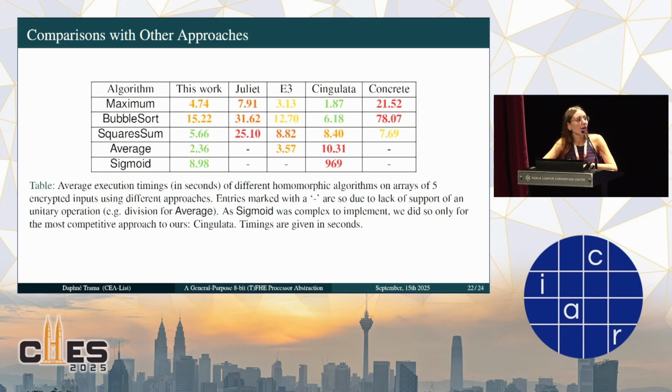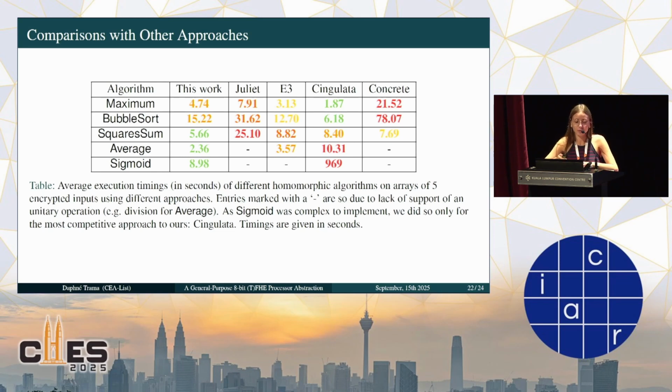You can see that for algorithms with a small Boolean circuit that, let's say, only use comparison, such as maximum or bubble sort, our approach is not the most efficient, but I would like to say that it's also not the worst. But as soon as the corresponding Boolean circuit grows a bit, that is to say, as soon as there is a multiplication or a more complicated instruction, then our approach becomes the most efficient of all.